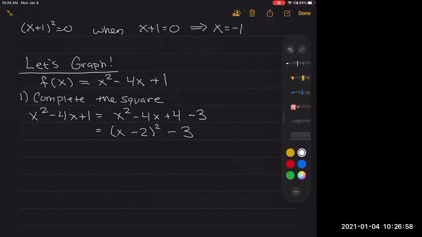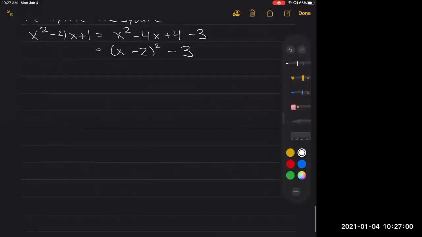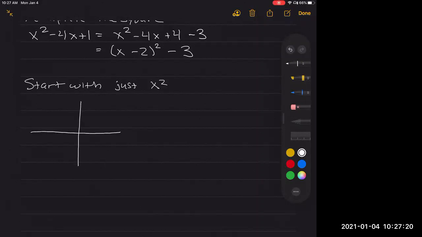Okay, so I'm going to draw this in steps. So we're going to start with just the x squared function, and we're going to subtract 2 internally. So that's our first one. I usually start with that one first because it's easier to do the external adding at the end. All right, and then we're subtracting 2 internally.